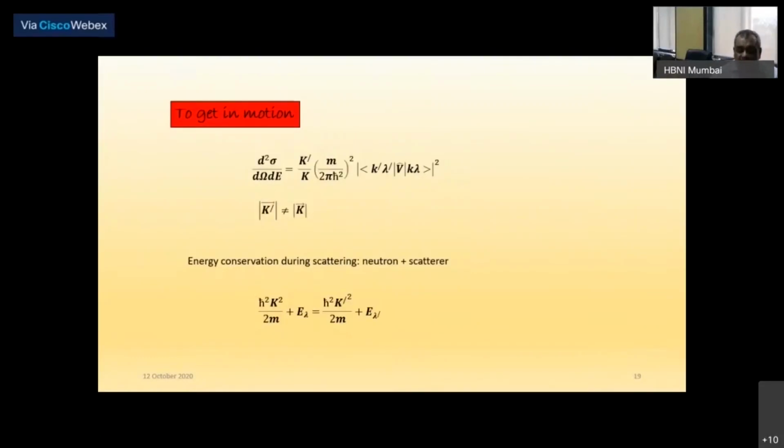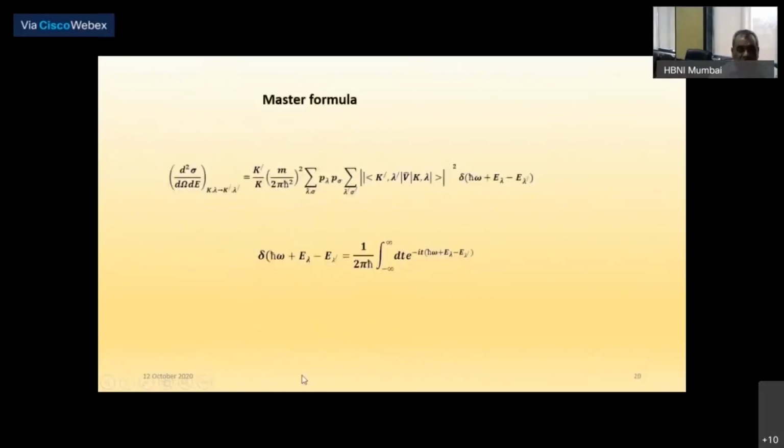I must say that the neutron plus system energy before scattering should be equal to the neutron plus system energy after scattering, and I write a conservation. How to implement it, I'll just hint at. I will try to do this in the next lecture.